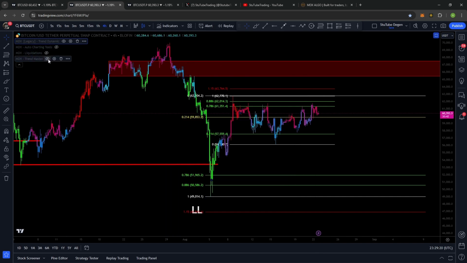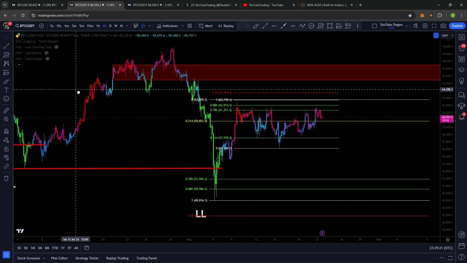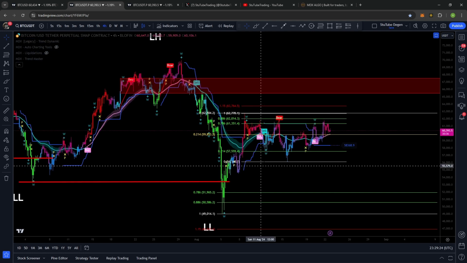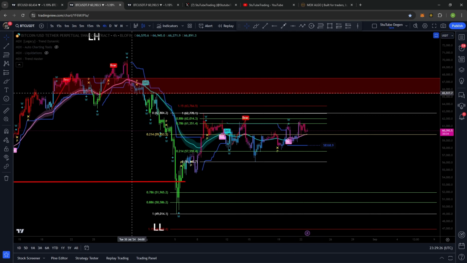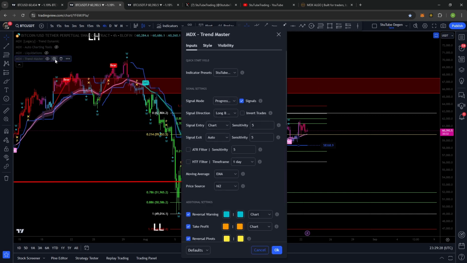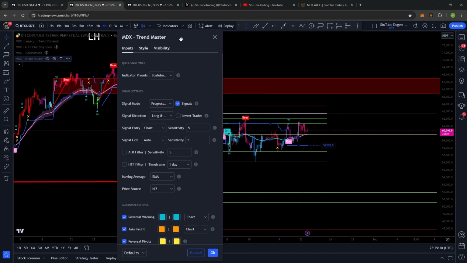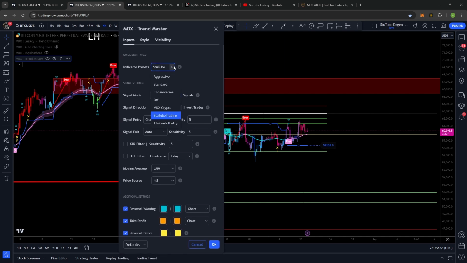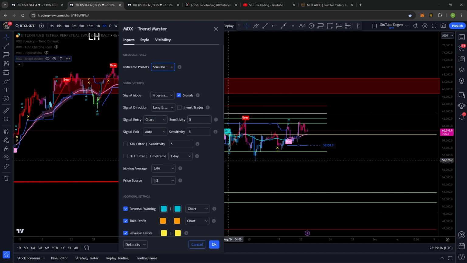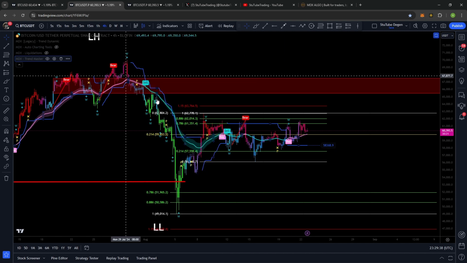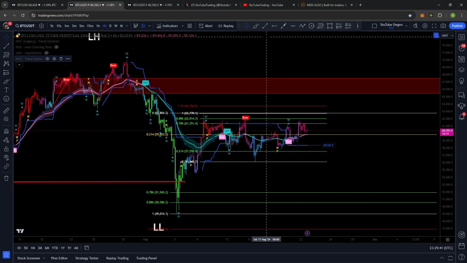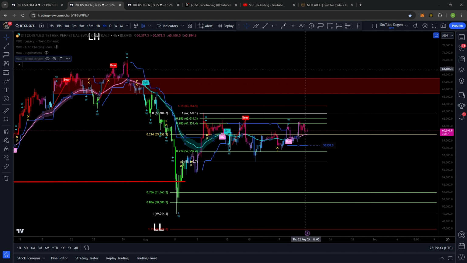As far as the trend master indicator that I've been talking about here, with the buys and sells and stuff like that, if you go into your settings, I have a preset here. If you just select StuTube trading, you automatically get the same signals that I do. It's just a preset of the settings.